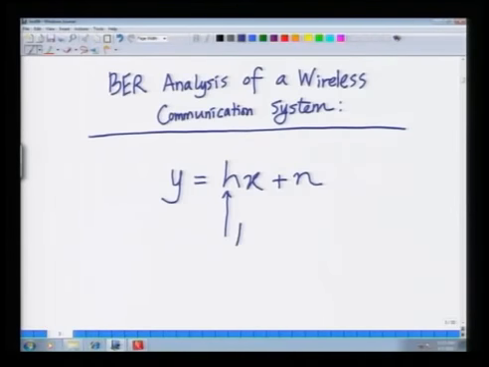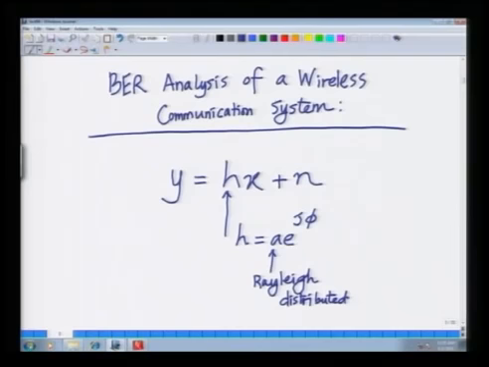We earlier saw that this h can be represented as a e power j phi, where a is the Rayleigh distributed magnitude, and phi is the phase which is uniformly distributed between minus pi and pi.